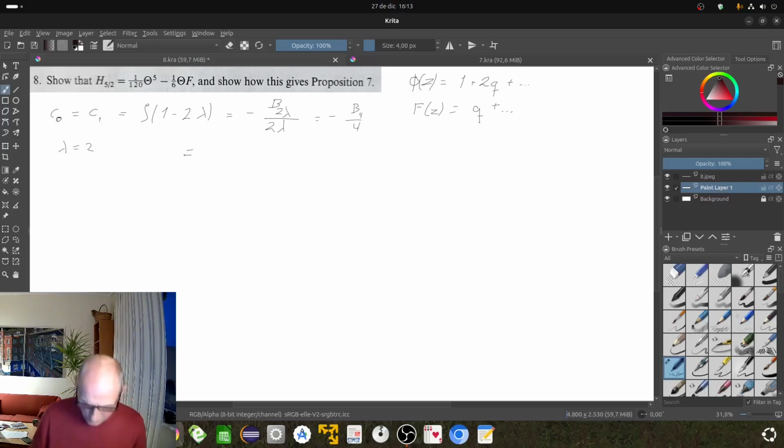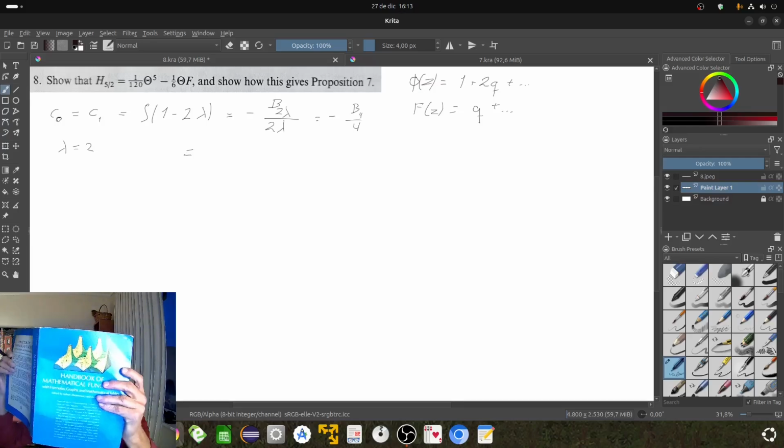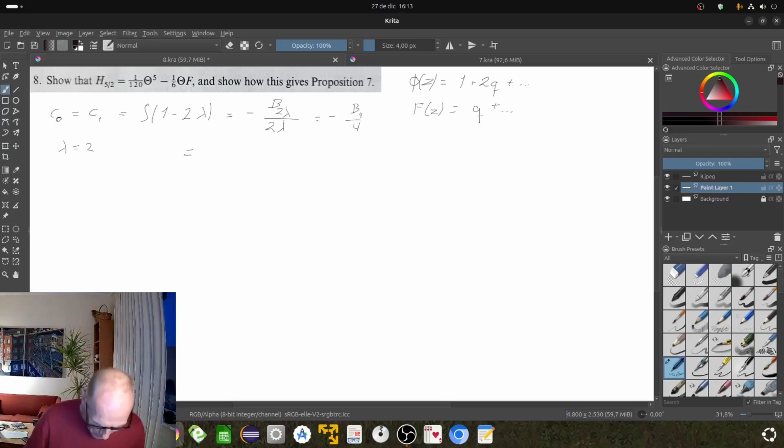And I have found the Handbook of Mathematical Functions, which holds the Bernoulli numbers. It's actually difficult to see where the line goes. B4, that's minus 1/30th.